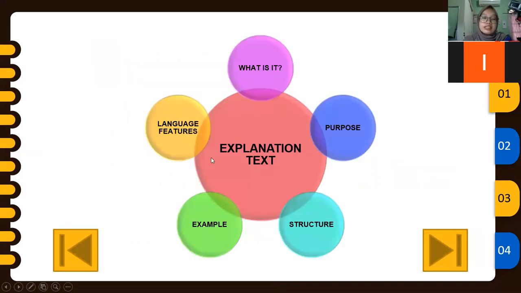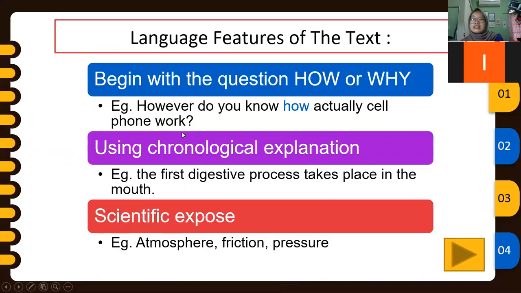Next is the language features of explanation text. There are 6 language features of the explanation text. The first is begin with the question how or why. Example, do you know how a cell phone actually works? The next is using chronological explanation. The example: the first digestive process takes place in the mouth.